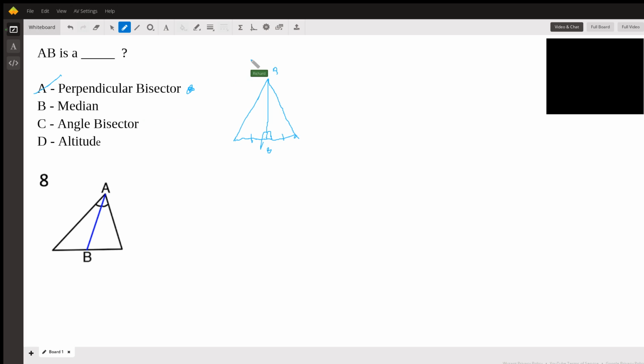Okay, so let's change colors again. We'll consider the next one, a median. A median would divide this into two congruent segments.